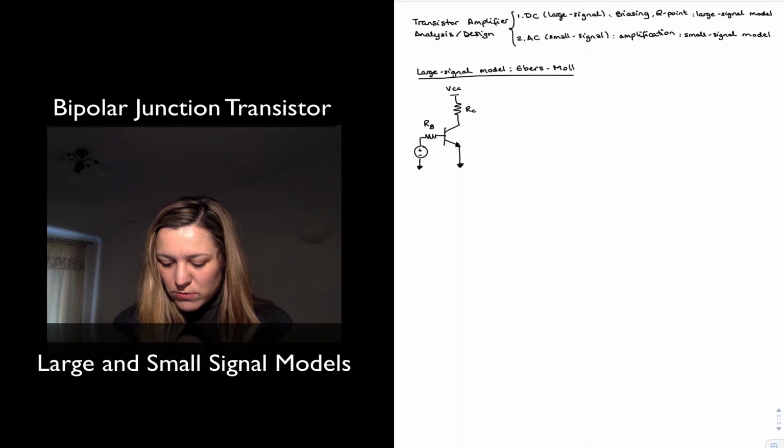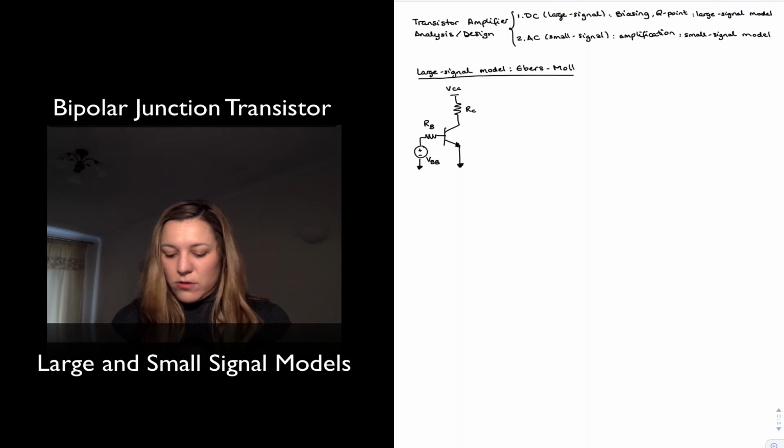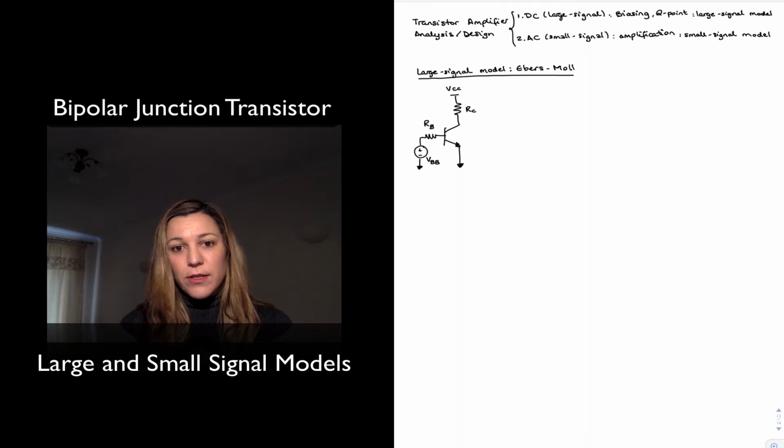So this is our base DC source. So this is our circuit. So far so good, and now we're going to do the DC portion or the DC equivalent circuit.